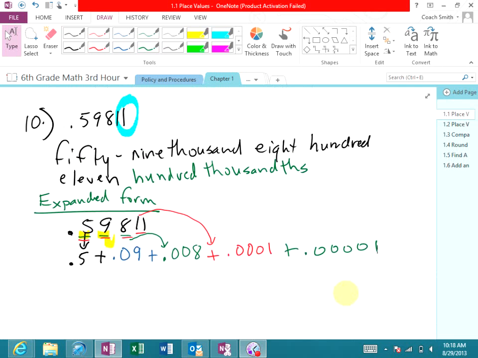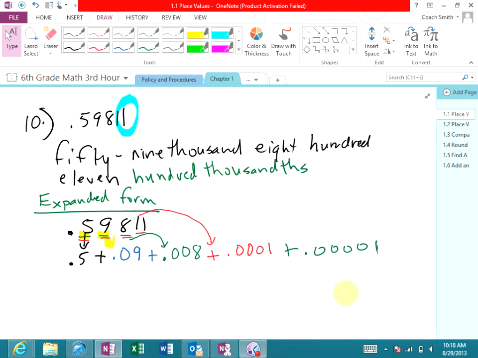Okay, the 2 answers, word form, 59,811 hundred thousandths. Okay, you must have that identifying place value. Expanded form, 0.5 plus 0.09 plus 0.008 plus 0.0001 plus 0.00001. Okay, so that's your 2 answers for number 10. That's how you would do it.